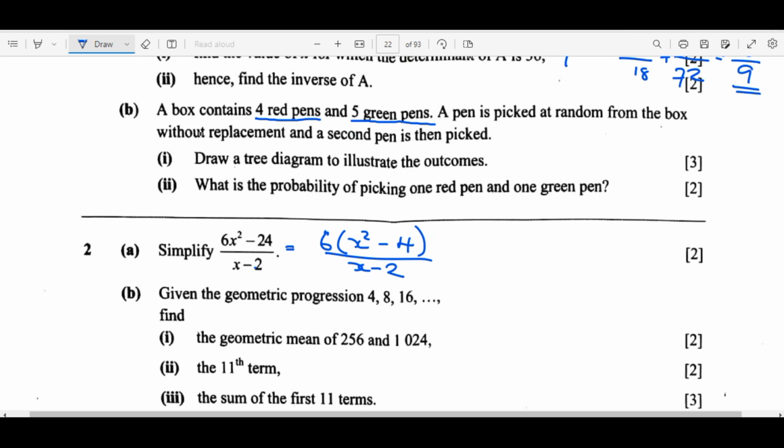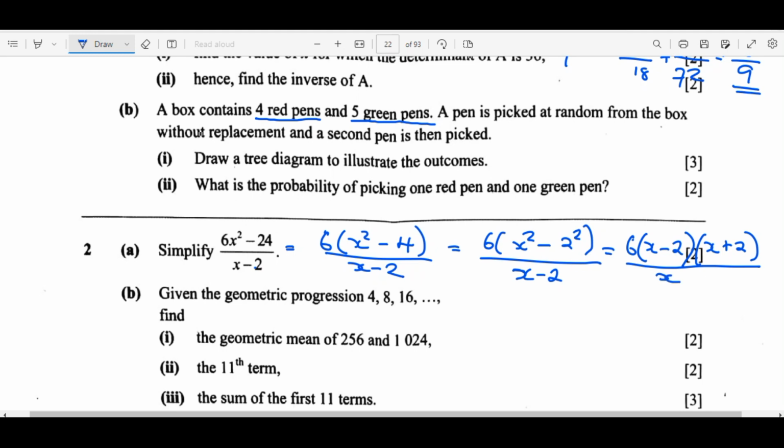When we reach here, because we have a square, even the 4 we can change to 6 open bracket x squared minus 2 squared close, such that when we multiply 2 times 2, it gives us 4. So this equals 6 open bracket x minus 2 close, open bracket x plus 2 close, over x minus 2.